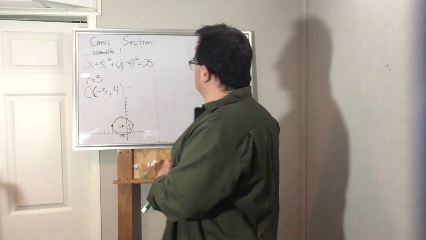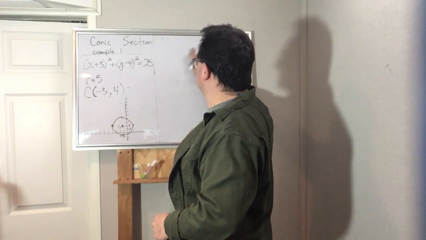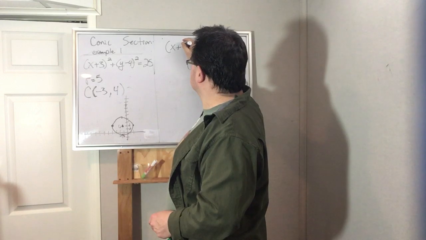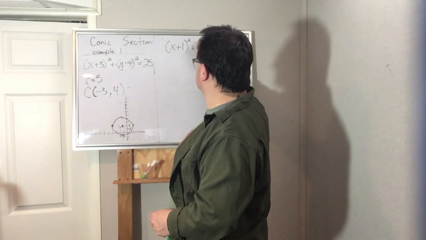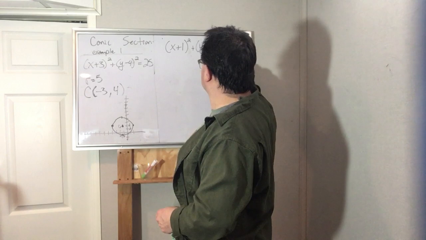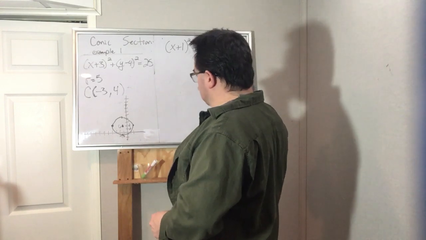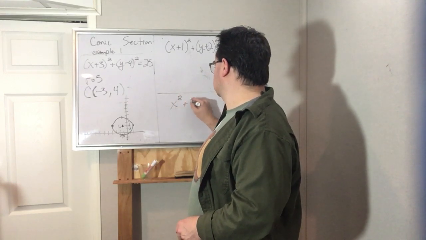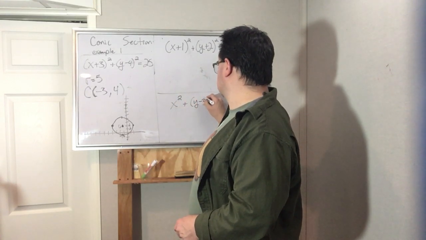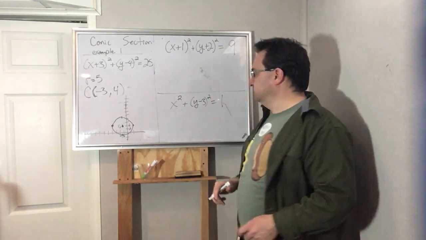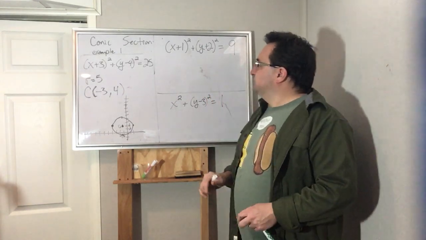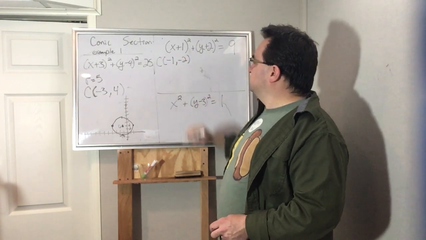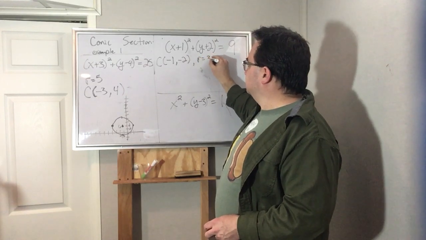So we'll do a couple more, this one and this one. Okay, so this is pretty regular looking. I know that I have a center at -1, -2. Furthermore, I know the radius is 3.